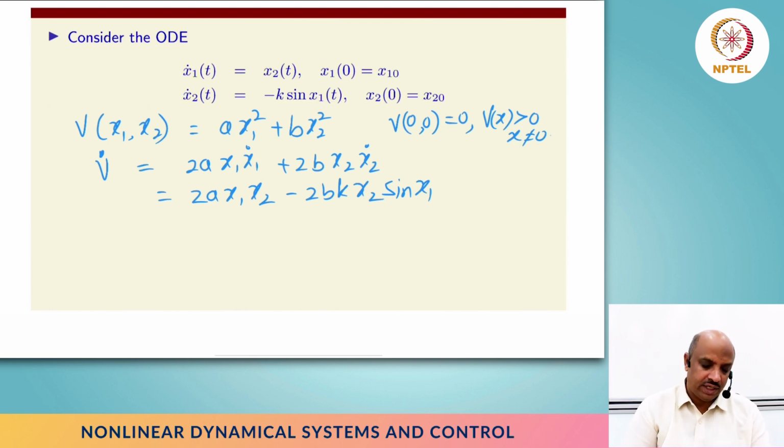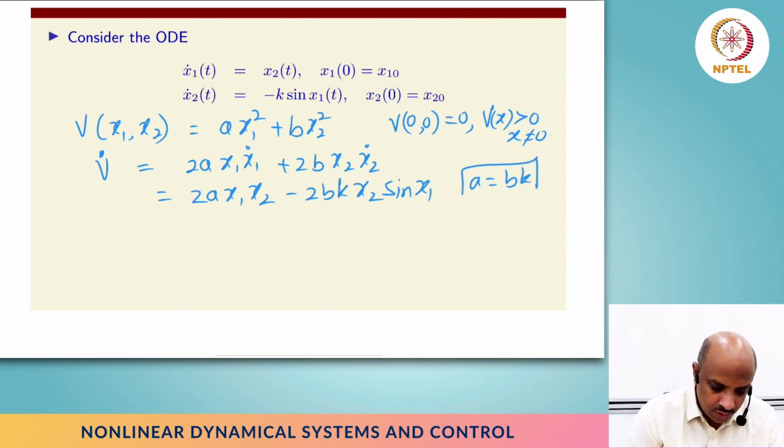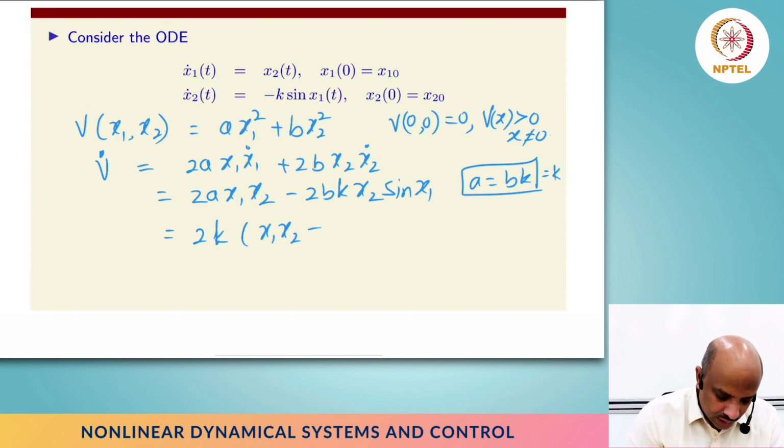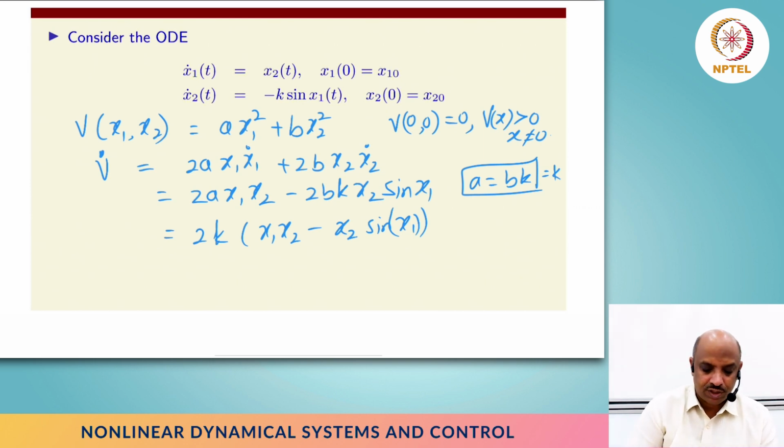One can see locally, by picking a equals bk, let's say this entire thing is equal to k or something like that, we will get 2k times (x1 x2 minus x2 sine x1), right?